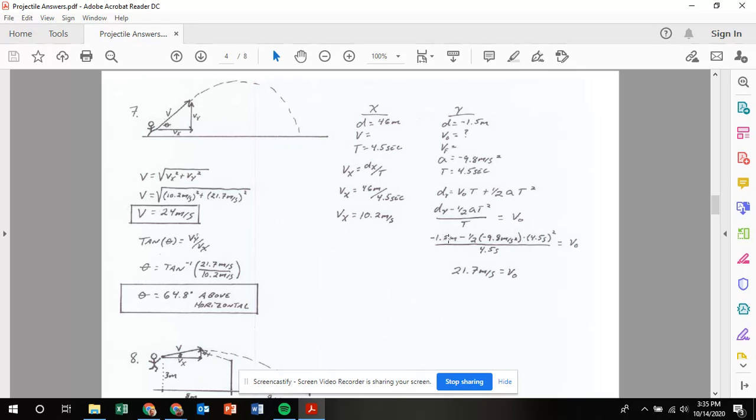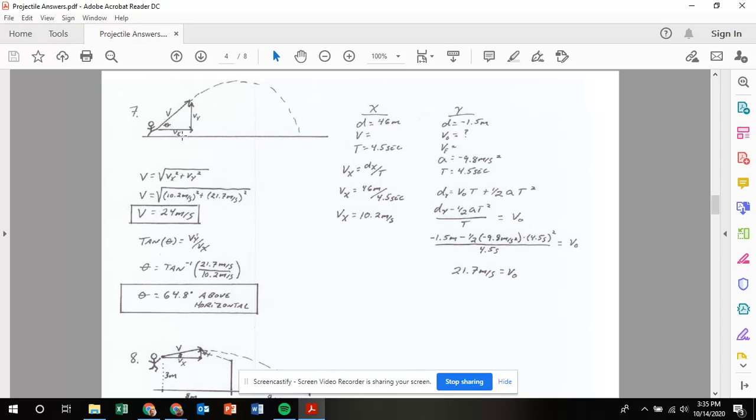D is negative 1.5 meters, acceleration negative 9.8 meters per second squared, time 4.5 seconds, and again in the denominator, time 4.5 seconds. Plug all that into my calculator, and I find the initial velocity in the y direction is 21.7 meters per second. I now have the opposite side of my triangle.